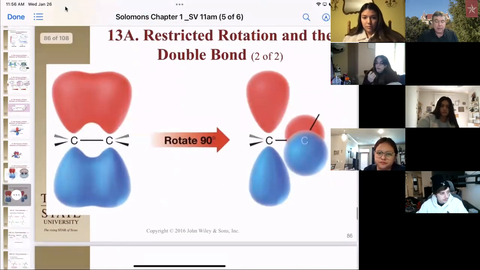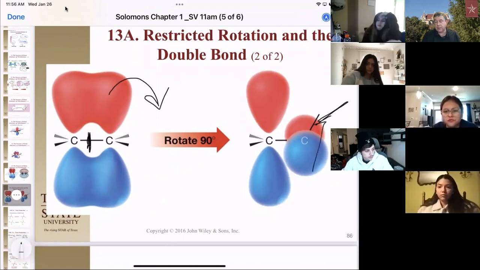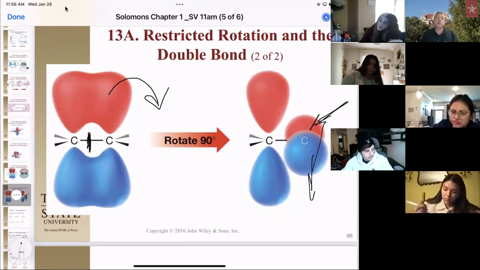To rotate around this bond right here, we would have to tilt this out of plane. It would be tilted in this direction and in this direction here. We would have to break the pi bond to rotate. So we're not going to break the pi bond to rotate. What we're going to do is we're just going to call that fixed in that system.